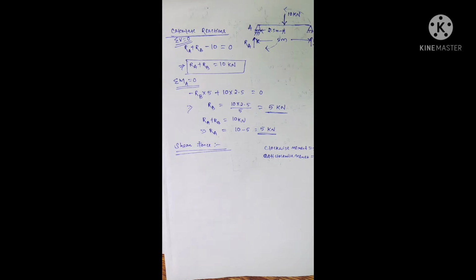If it is upward, you put the sign positive, and if it is downward, you put the sign negative. You may take it from the right or left of the section, there is no difference. If you keep these signs in mind, you will never be wrong.